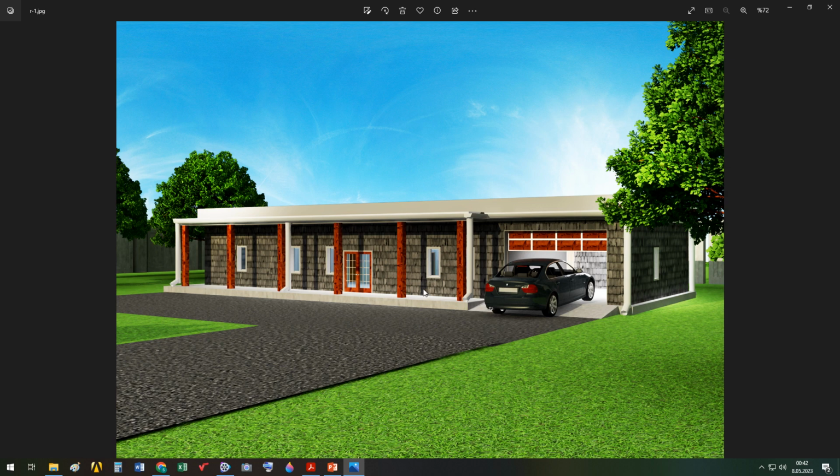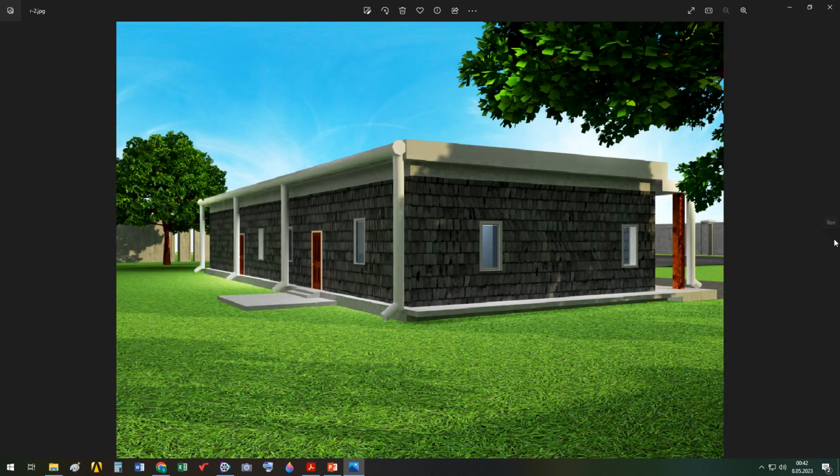Here you see a garage and a very large house. The roof is plain concrete. I mean, there is no slope. With zero slope, the roof is designed.